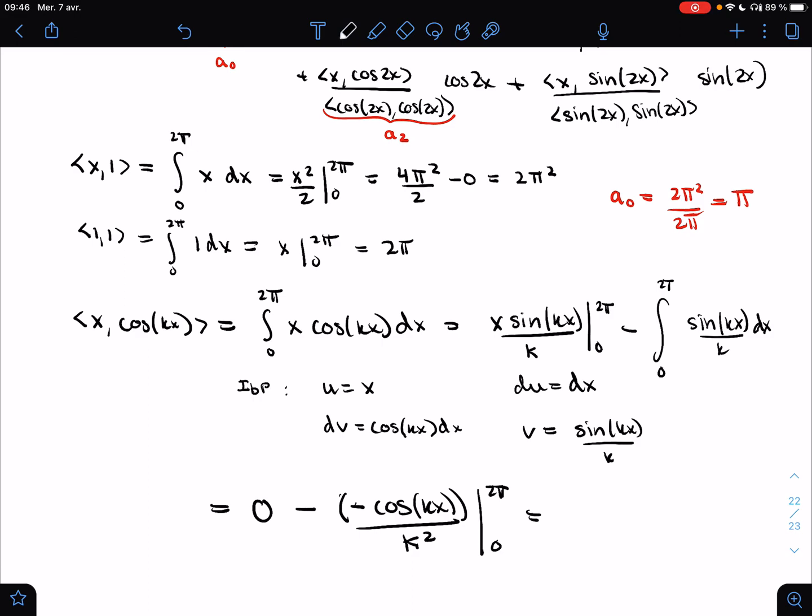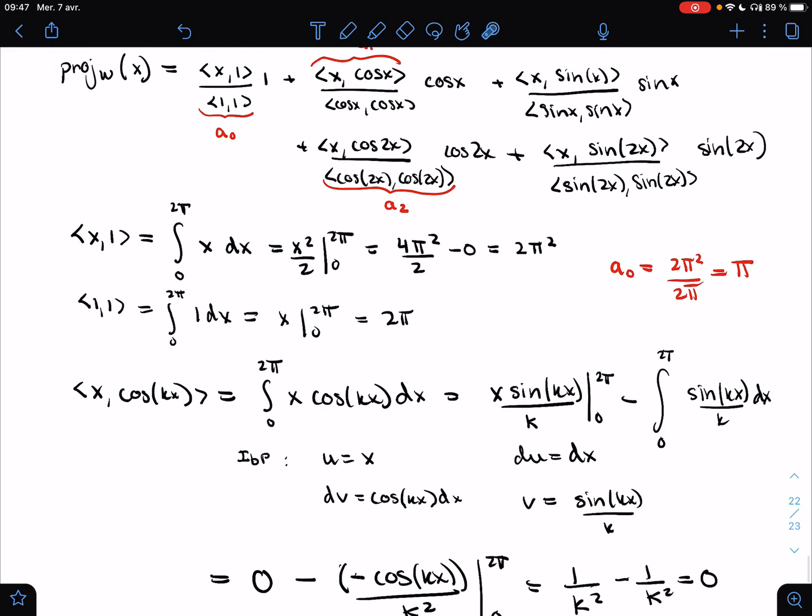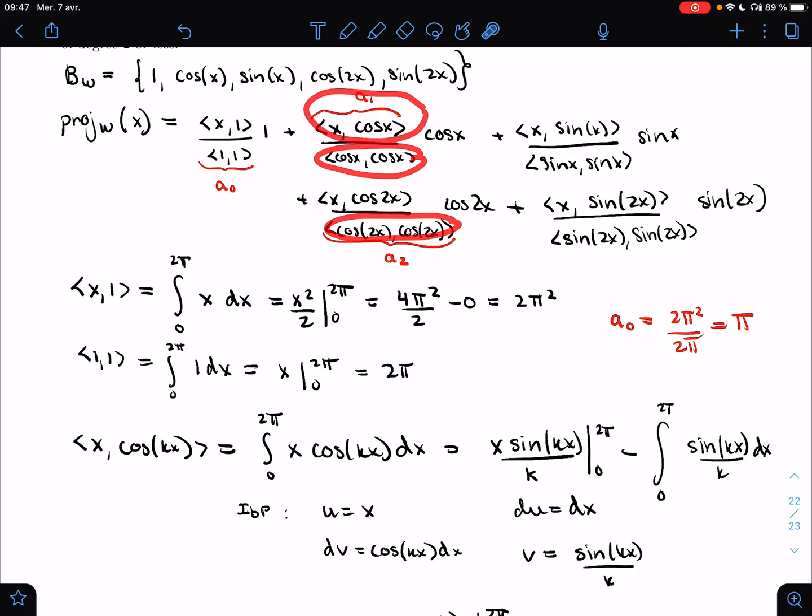I'm going to divide by an extra k because of the substitution you can think of. All right, so I get cosine 2 pi, that's 1, and cosine of 0, that's 1. And so I get 0. So I don't really have to compute the denominator, which saves me a couple of integrals. The top is already 0.